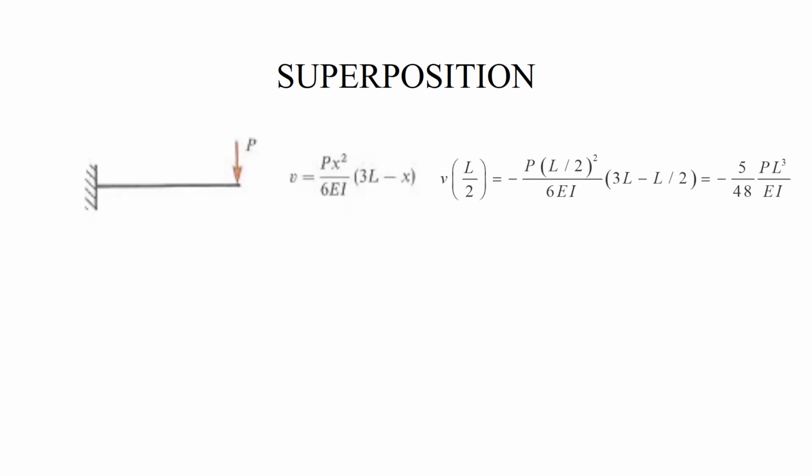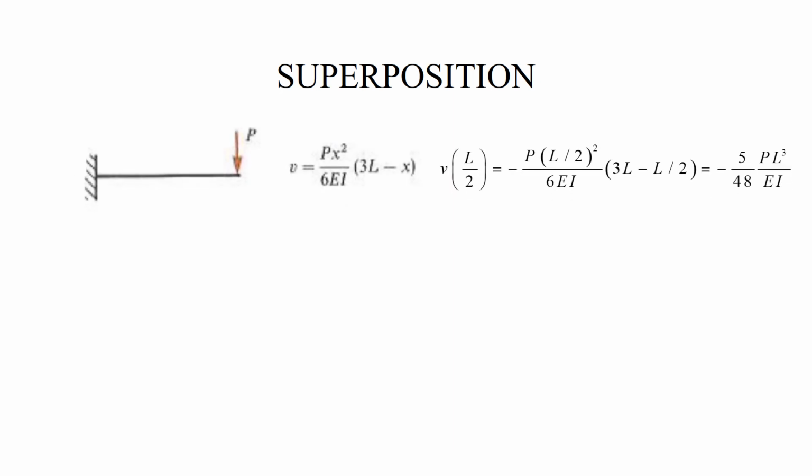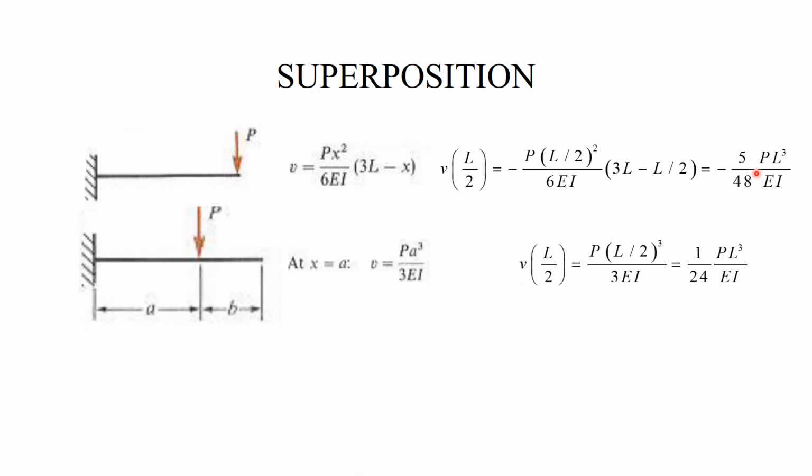Now, let's put the superposition in place. V at L over 2 is given here, from this table. Now, for this case, we evaluate at x equal to a. So a is L over 2, but that's the contribution of this force to the displacement in the middle.